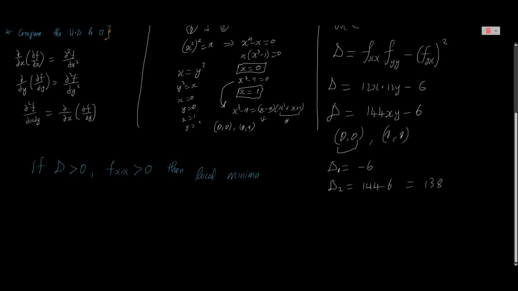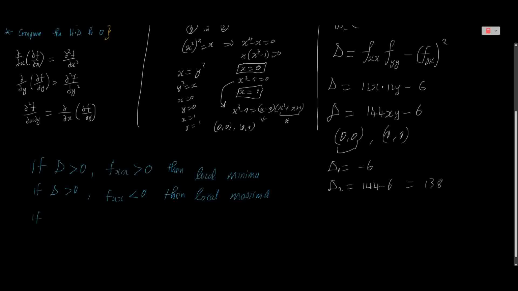Notice that when we're talking of greater than 0, we talk of minima, whereas greater indicates bigger. Just have that in mind. And also, if the determinant is greater than 0 and f of x is less than 0, then we have a local maxima.